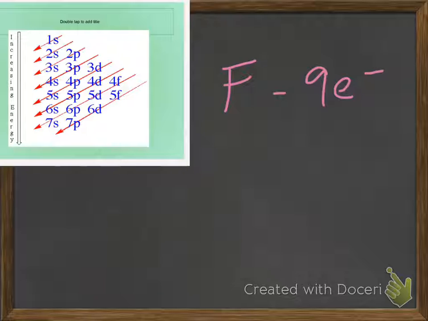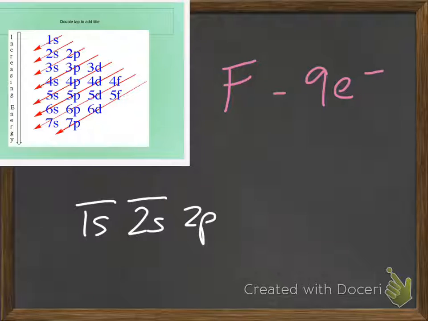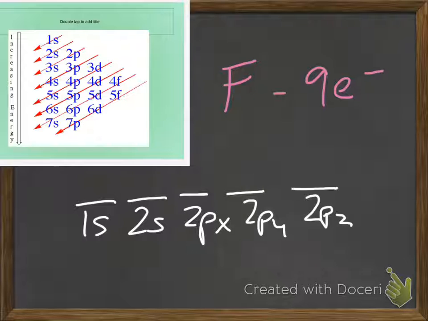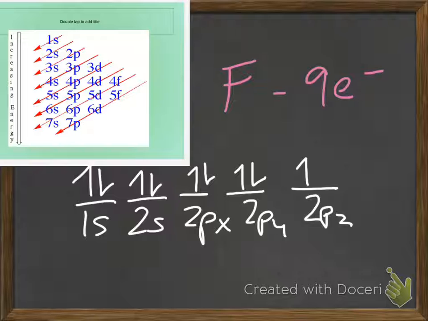With 9 electrons, I know I'm going to show 1s, 2s, 2px, 2py, 2pz. And I know that I've got 1, 2, 1, 2, 1, 2, 3. I'm up to 7, 8, 9. Would you agree? Okay.